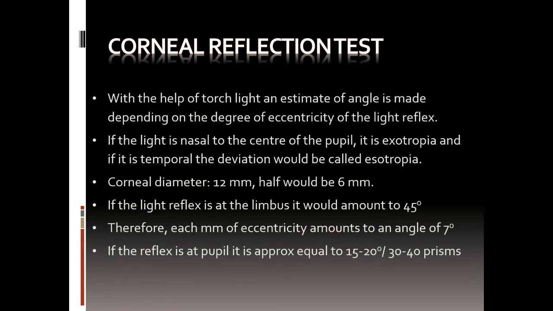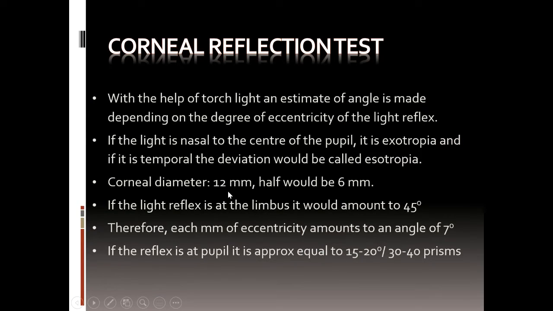Depending on where the light is, you can say that patient is having strabismus. It is almost like lay terms, it is very inaccurate, and we do not advise to measure strabismus based on corneal reflection test, but you can make a gross idea. This could be taken as part of inspection when the patient walks into your clinic or walks into your room.